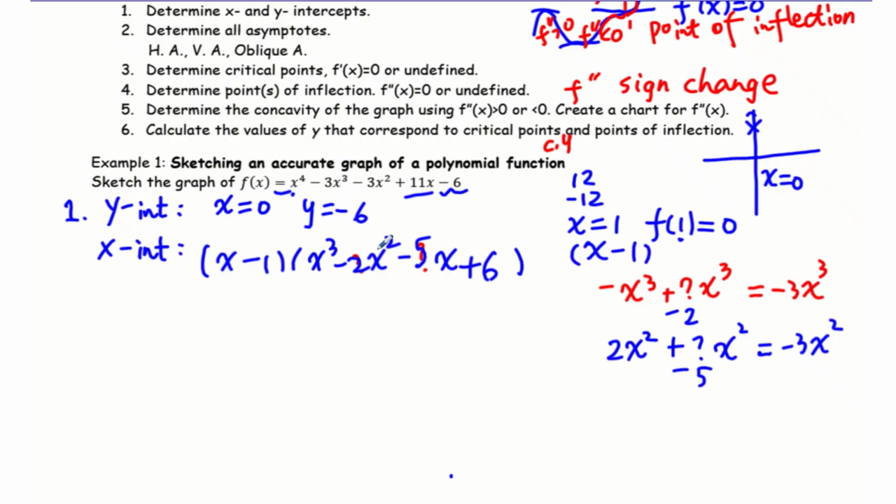Then +2 -5 gives us -3x squared. For the x term, it will be these two. So -1 -5 is -5, plus 6 is +11x. And for the constant, just last term, -1 times +6, -6. So it works.